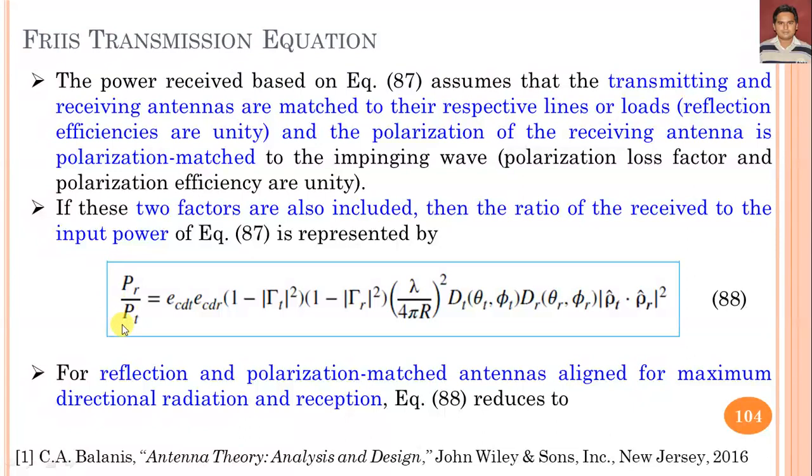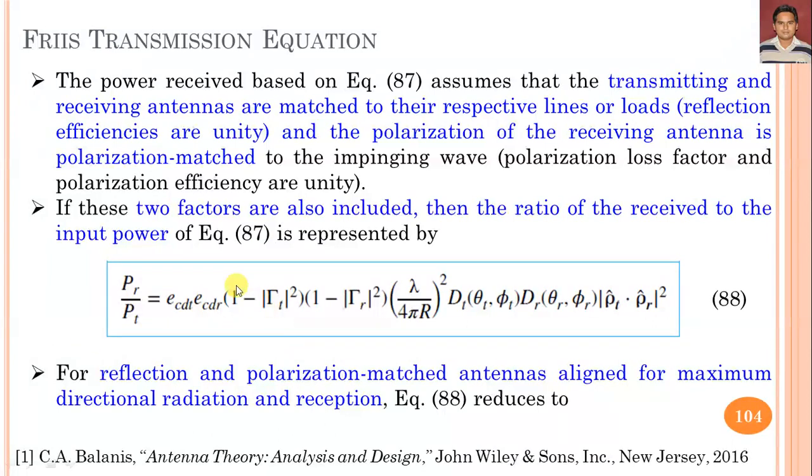So here you can see P_R upon P_T is equal to e_cT e_cR (1 minus rho_T square)(1 minus rho_R square) times (lambda upon 4 pi R) squared D_T D_R, times the polarization factor, the magnitude square of rho_t cap dot rho_r cap. This is very important, and this equation is applicable in all wireless communication systems.